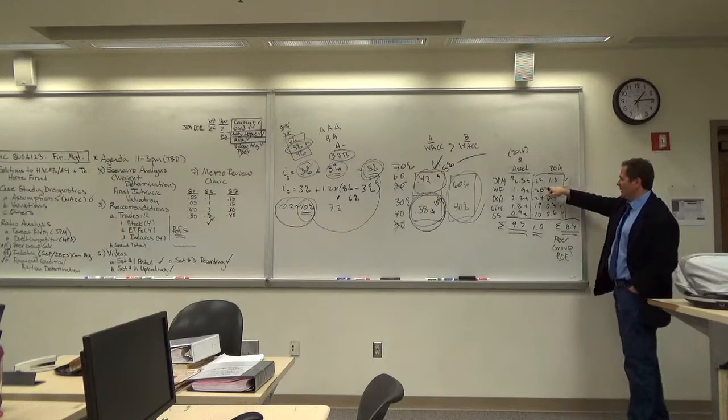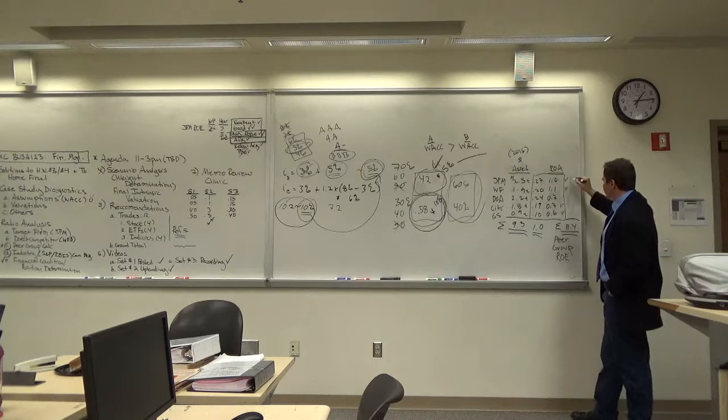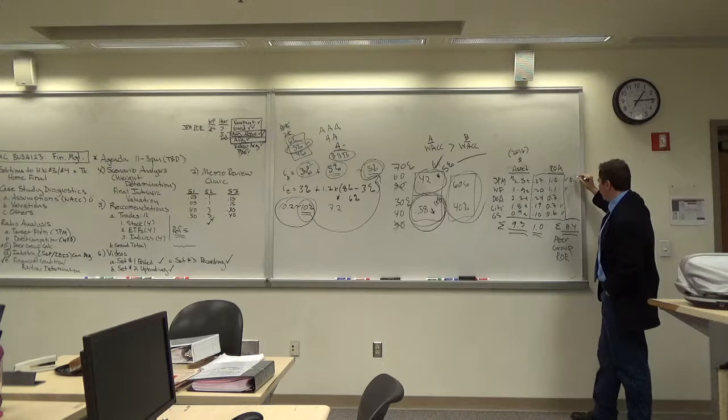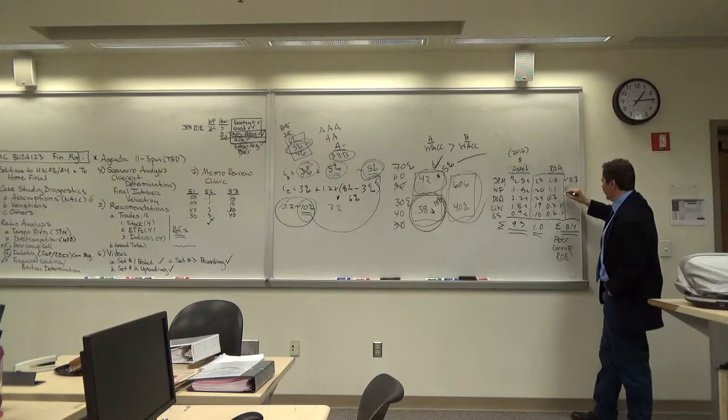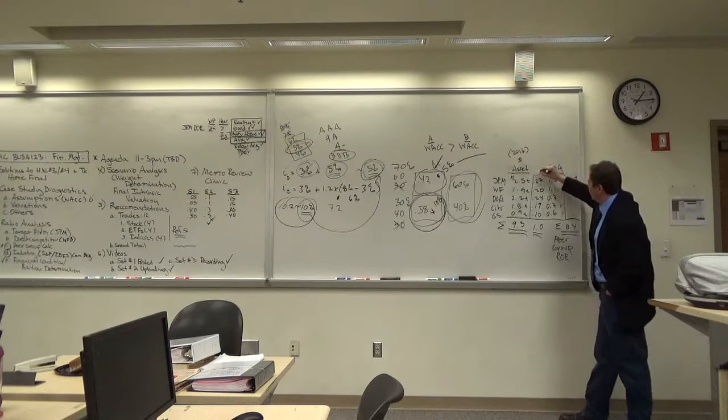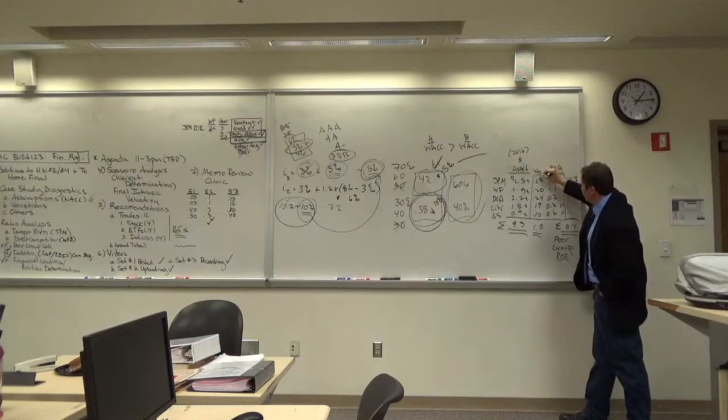So what's 1 times 0.27? 0.27. 0.3, something like that. 1.1 times 0.2? Again, this is your weighting factor. 0.22.